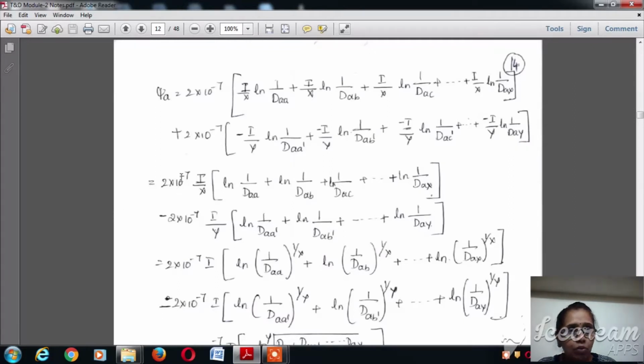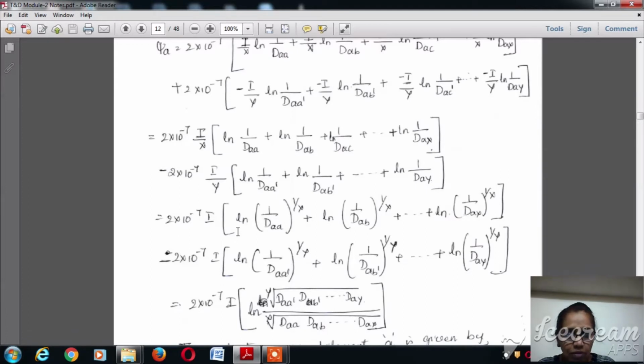Now this is equal to 2 into 10 to the power of minus 7 I divided by X times ln 1 over dAA plus ln 1 over dAB plus ln 1 over dAC up to ln 1 over dAX. When the term is minus, we take the minus out as a common factor. So this is minus 2 into 10 to the power minus 7 I divided by Y times ln 1 over dAA dash plus ln 1 over dAB dash plus ln 1 over dAC dash up to ln 1 over dAY.